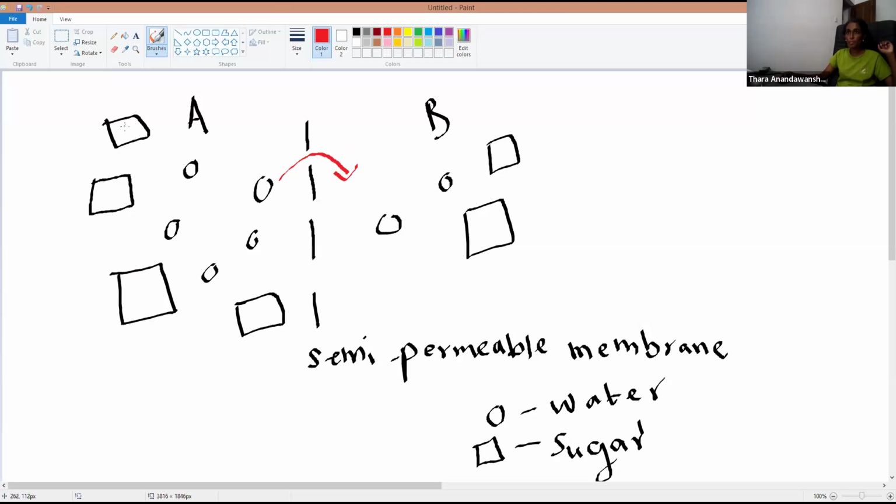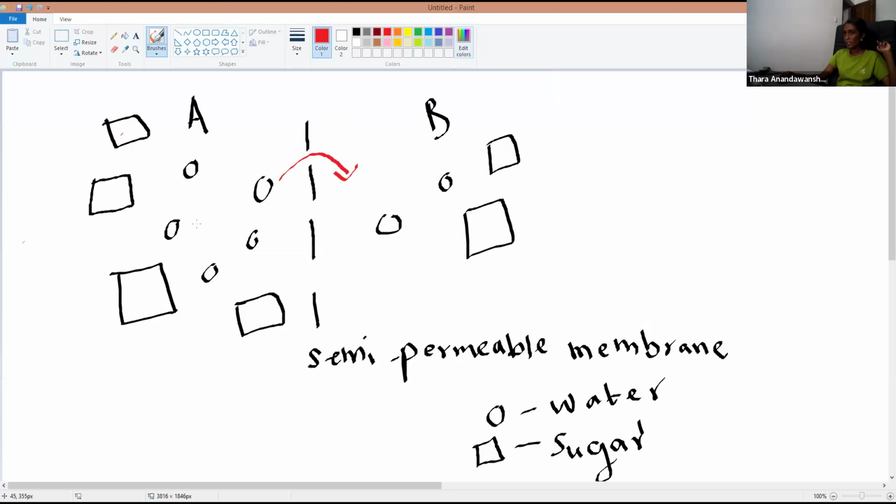Even if the sugar concentration is high on the left side, it is not allowing the sugar molecules to go to the other side. Can you understand? So the sentence says that solutes affect the direction of osmosis.